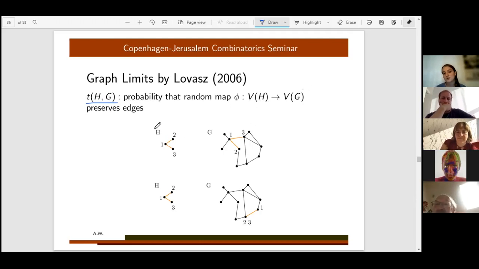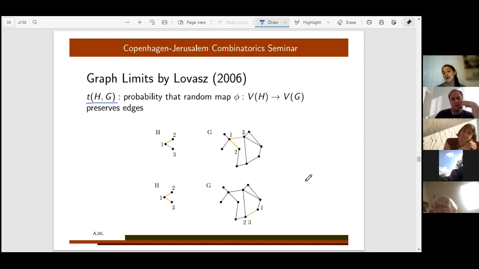So here's our small graph H. It's just a path of length 2. And we asked, what is the probability that mapping it into G will preserve its edges? So here we have 2 examples. And while this first one is very natural, in the second one, the vertices 2 and 3 are mapped to the same vertex here, but we say that still is edge preserving.